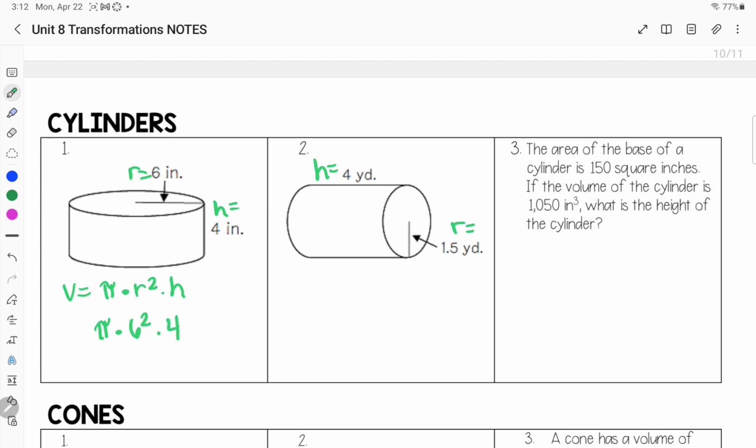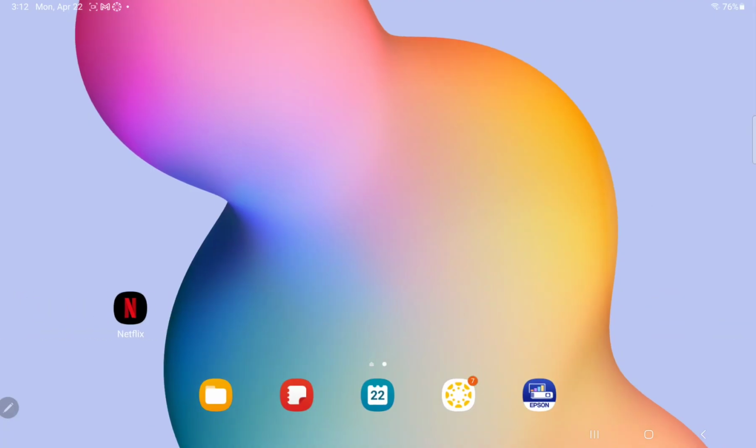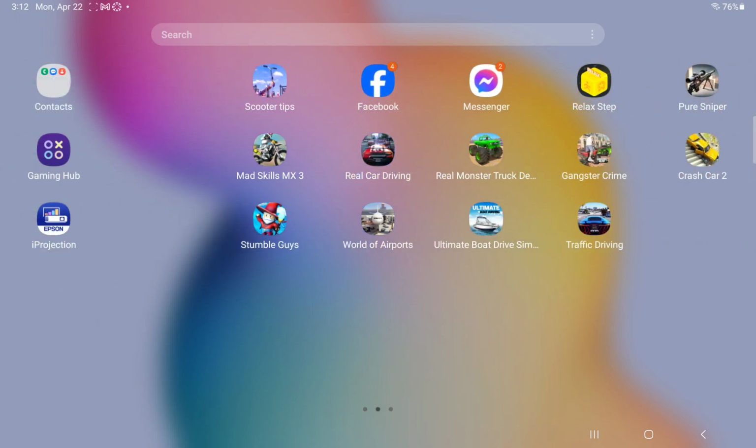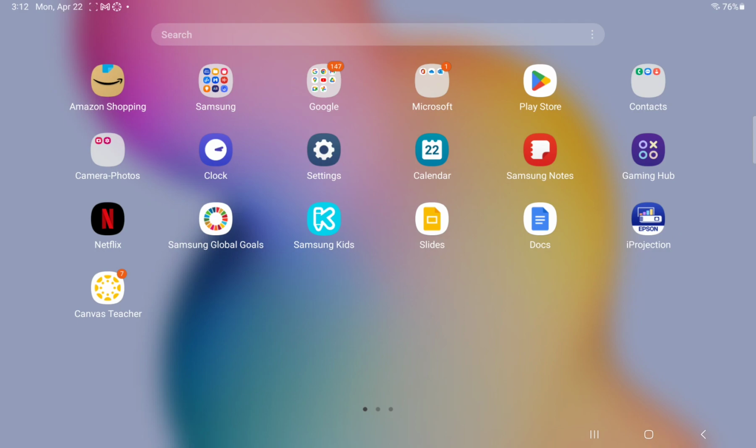You can put the whole thing in the calculator. So if we were to do this, let me get to my calculator. Maybe my kids deleted it. I don't know.